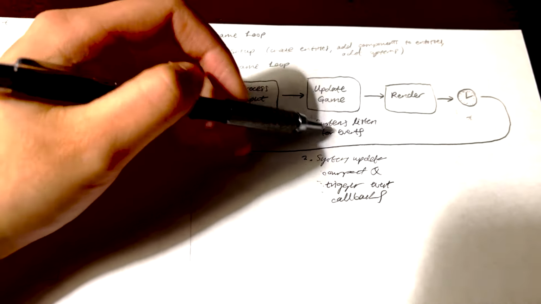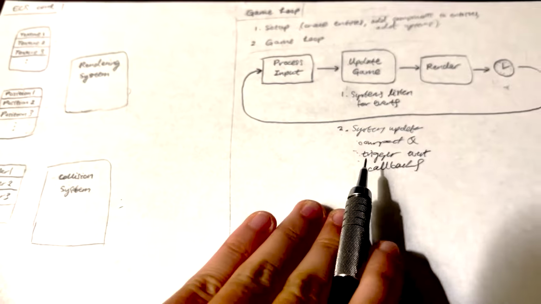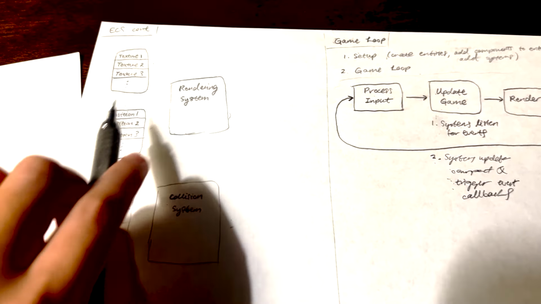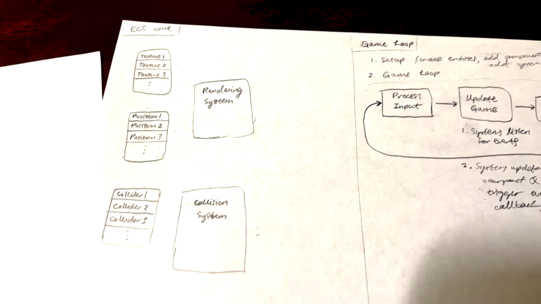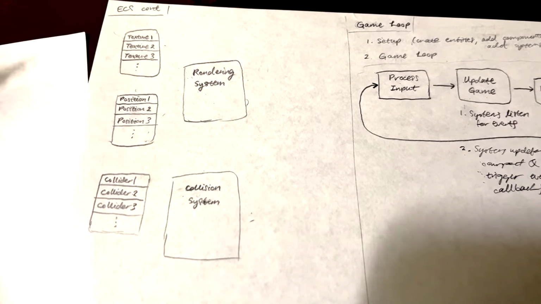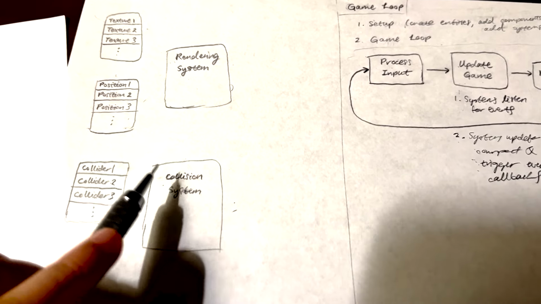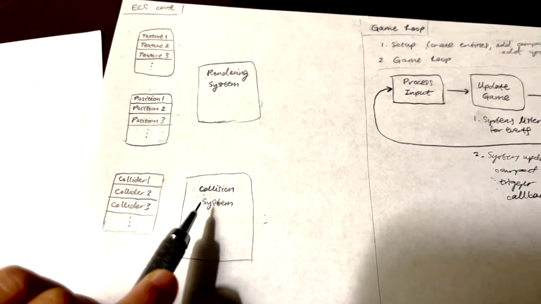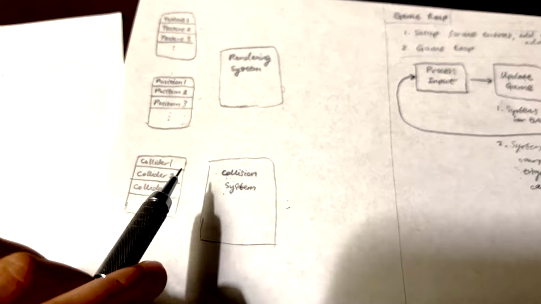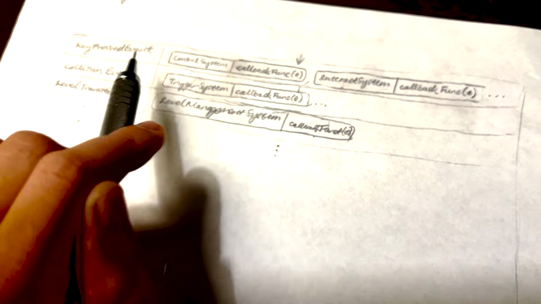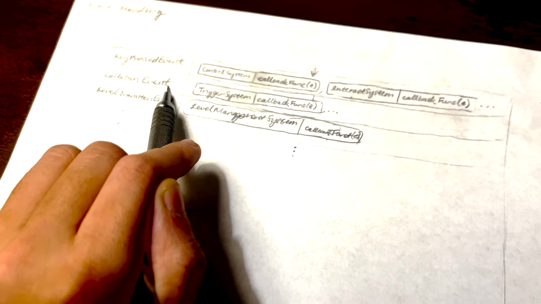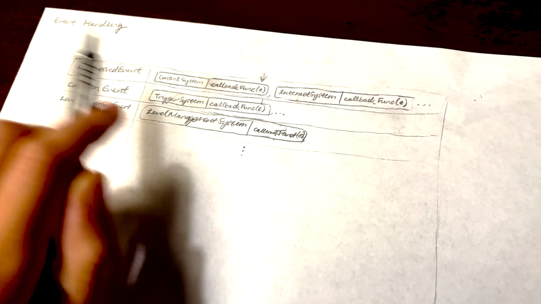So we add the listeners to the table, and then as the systems update the entities, sometimes they might come across an event, and then they will trigger the event, they'll broadcast it. Say the collision system detects a collision. The collision system will be like, hey, a collision happened. And then we call the callback function of everybody who cares about collision events, and they go do their own thing.